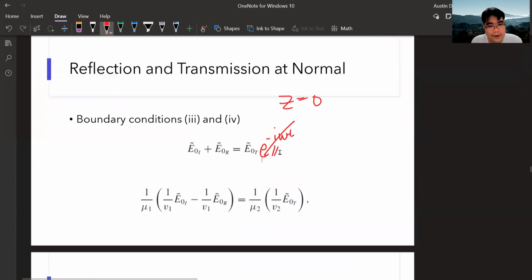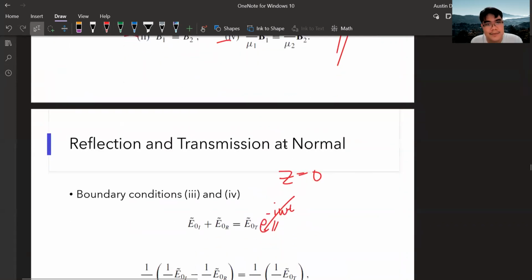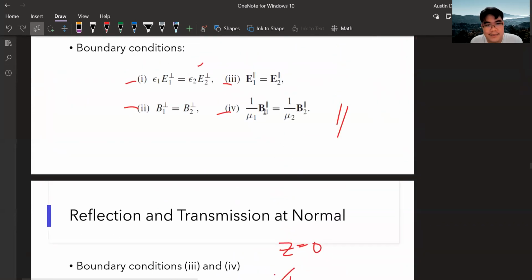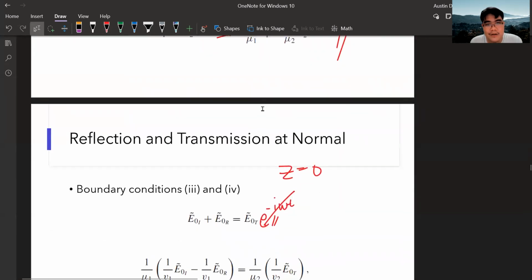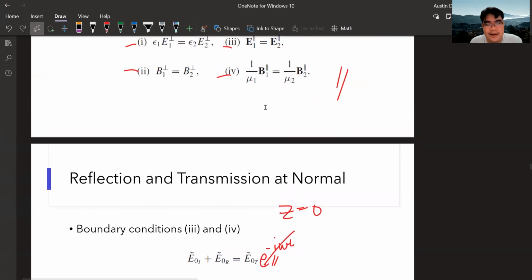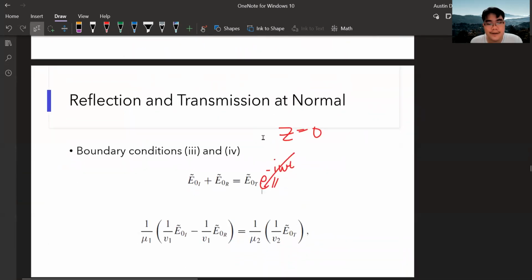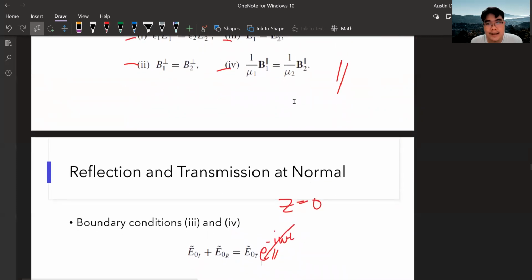Boundary condition number 4, what does this tell us? I-express natin si B as a function of your electric field. Intuitive naman itong right hand side, di ba?